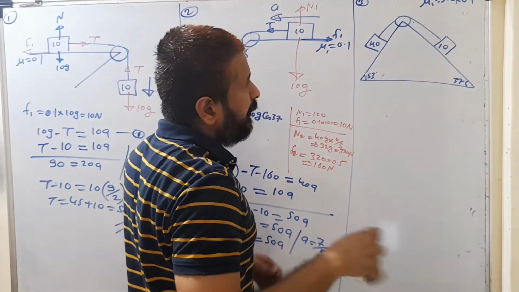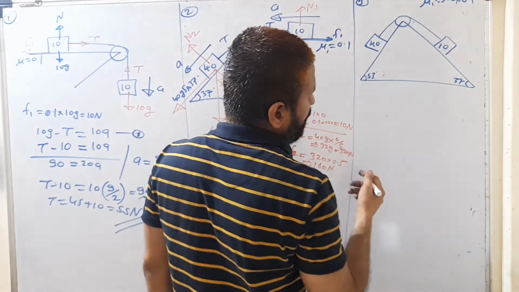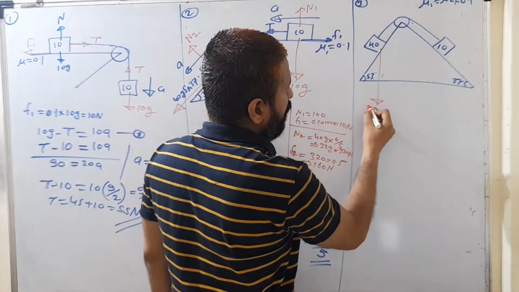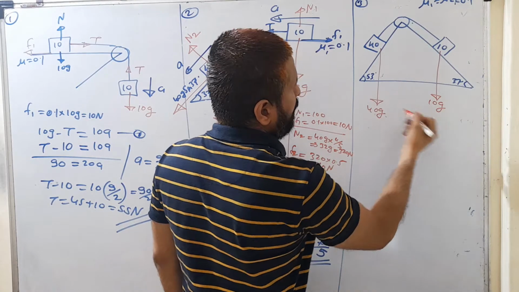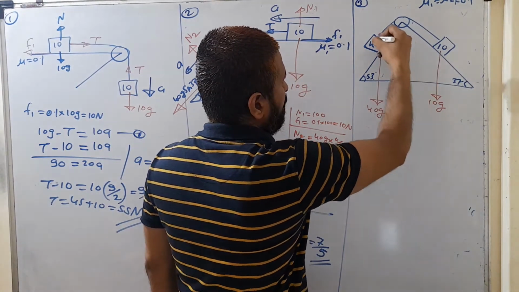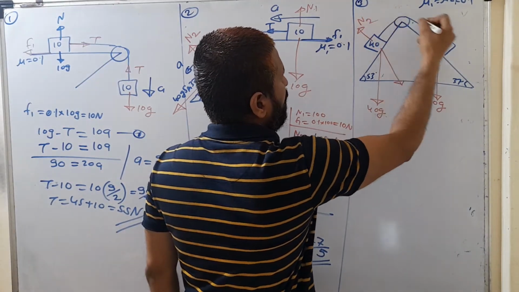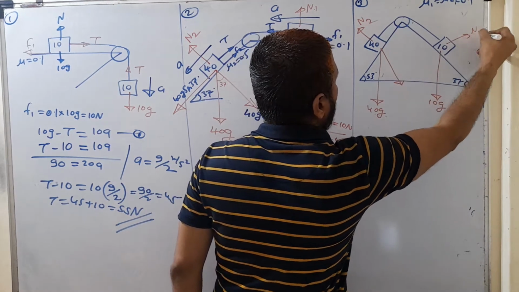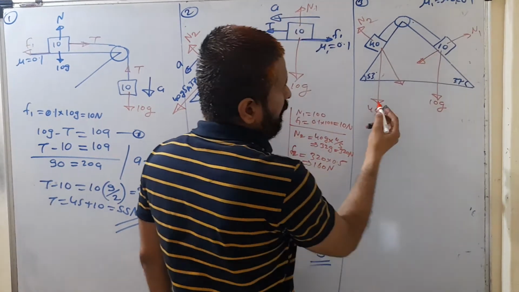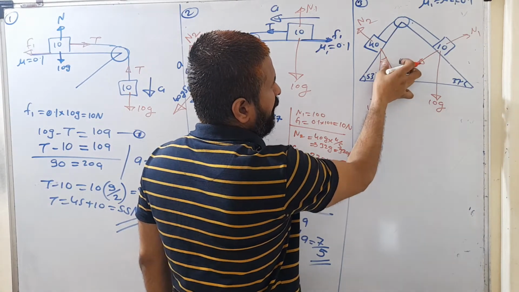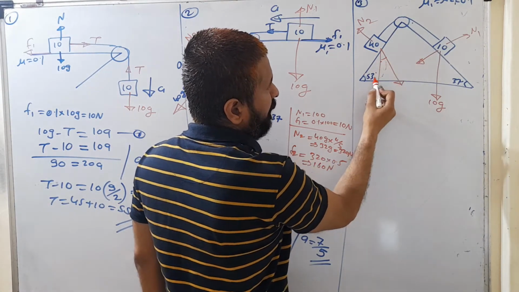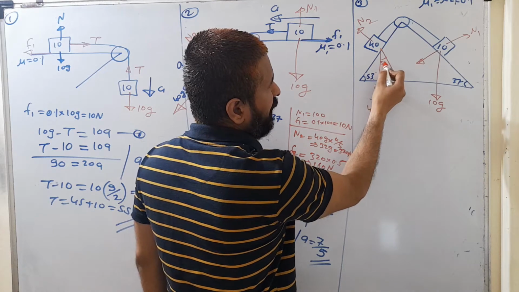Now, what do you have to find first? The normal reaction force. So its weight is 40g. Here it is 10g. Its component will come here, this N2, and here it is N1. If you are resolving this angle of 53, then this will also be 53, the same angle, because this is 53, this is 90, this is 37, so this angle is again 53.